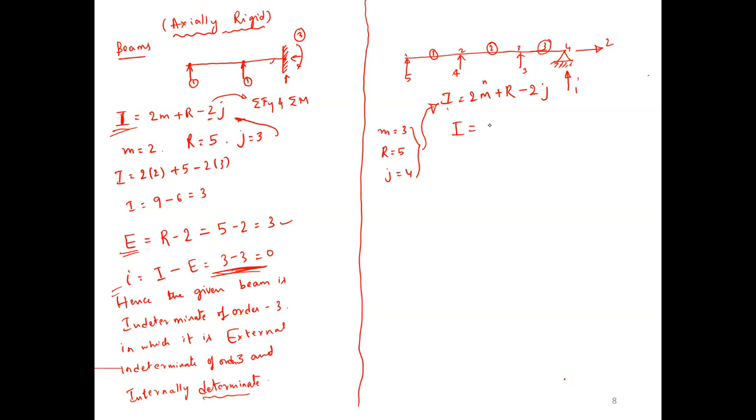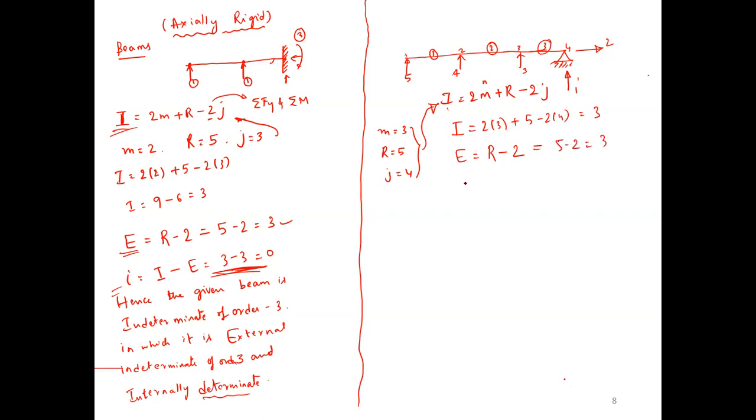Yes, what is the value of I? 3. Now what is external indeterminacy? Total reaction minus 2. What is the value? Five minus 2 is 3.